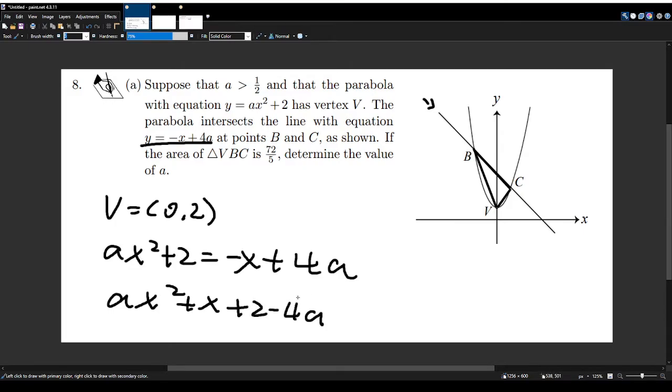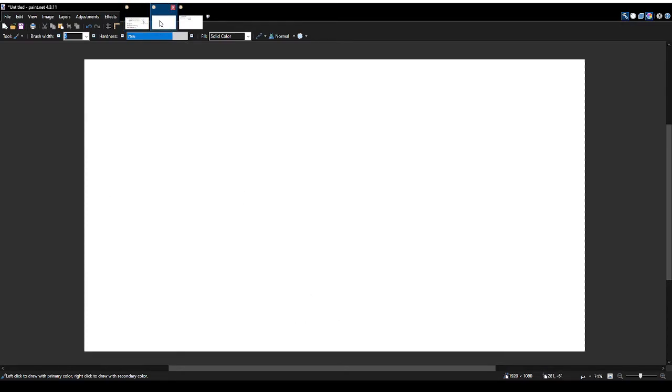Sorry, I'm writing on a mouse, so it's kind of inconvenient, but that's fine. So then you're like, okay, how do you solve for x, right? How do you solve for the coordinates? Well, you just treat this as a normal quadratic.